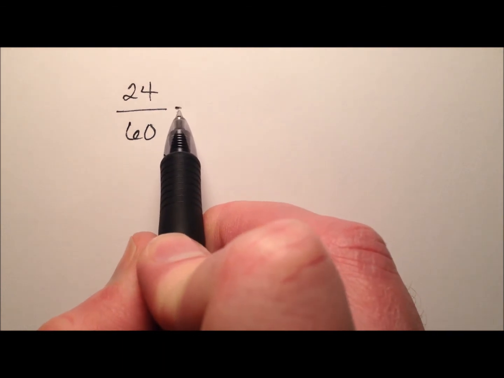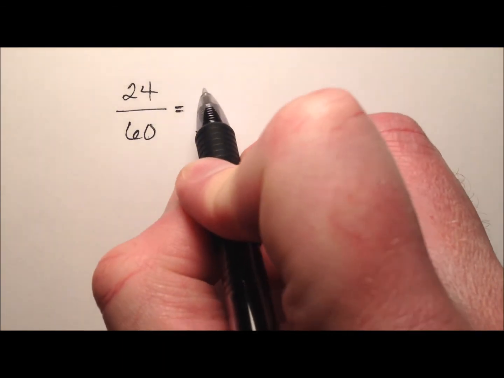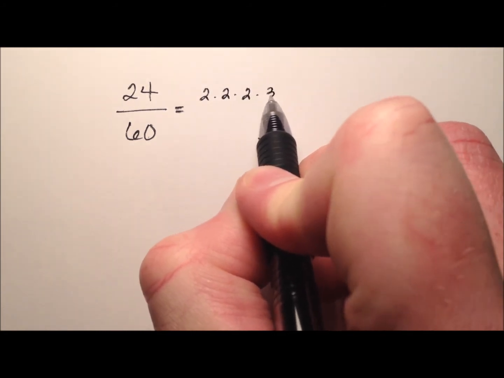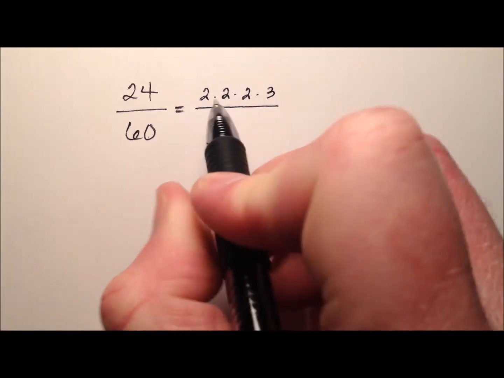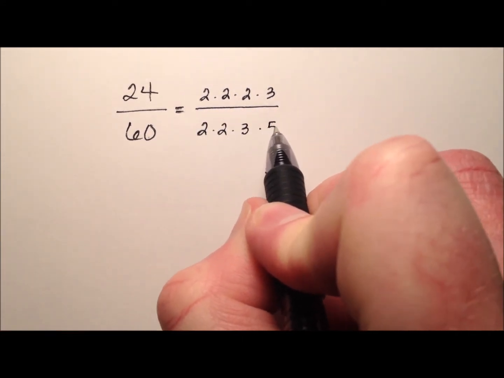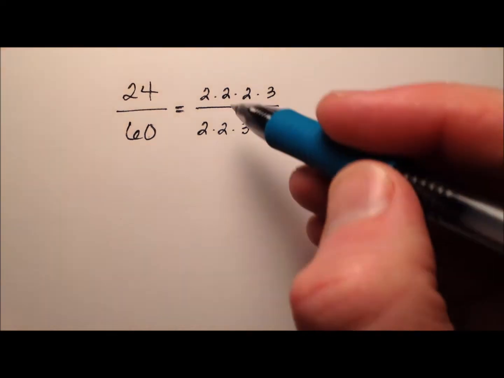So I'm going to find the prime factorization of the numerator and the denominator. And 24 breaks down to 2 times 2 times 2 times 3. And 60 breaks down to 2 times 2 times 3 times 5. So the first thing I did is I completely factored the number. Secondly, now we're going to cancel any common factors.